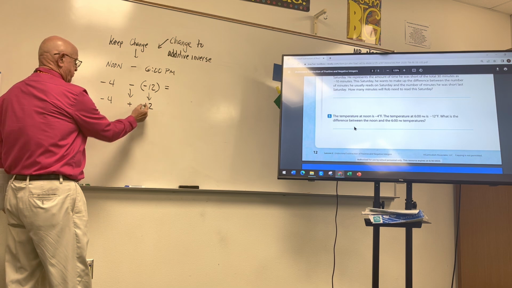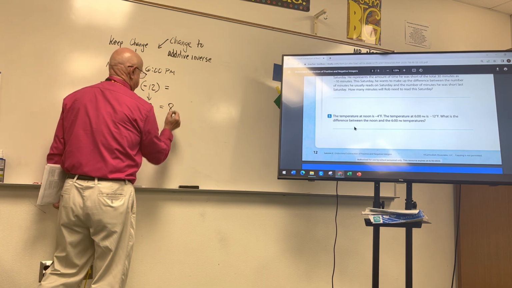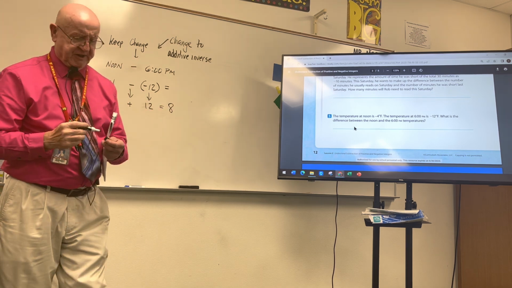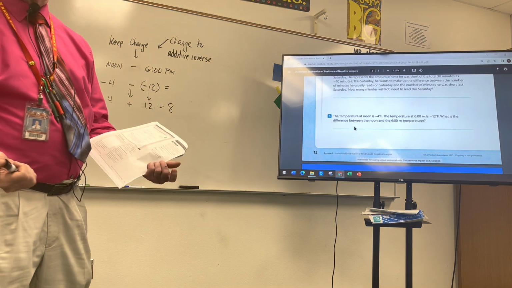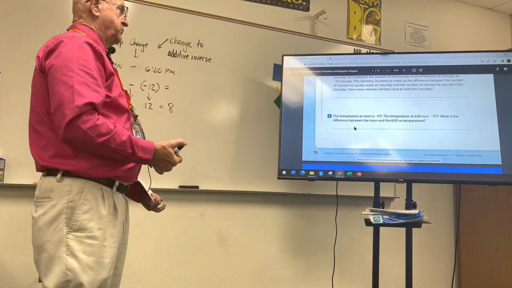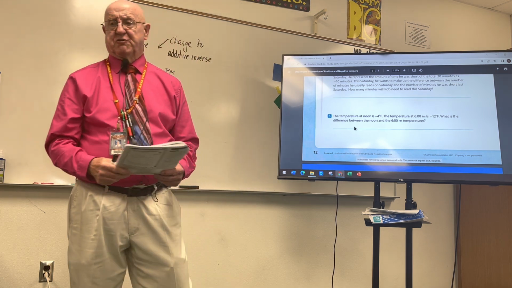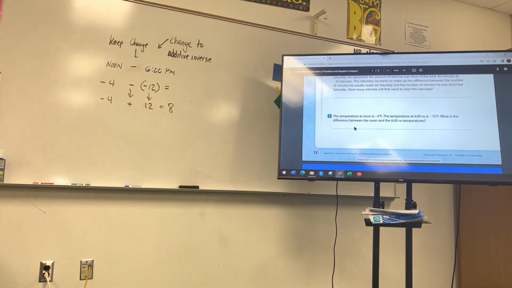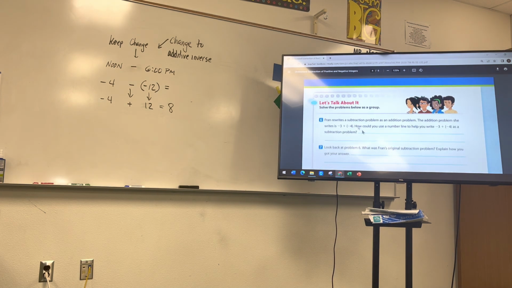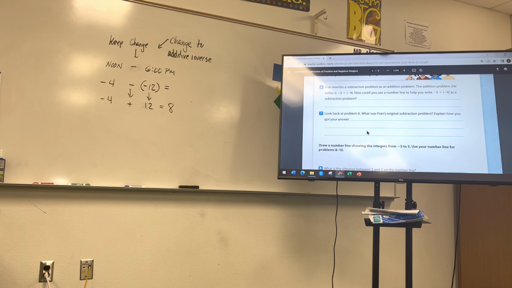The difference between these two is 8. So what they're saying is that -4 is 8 degrees warmer than -12, and that's true, right? So that's how you set these problems up. Always do the first number first, and then look at the second number.